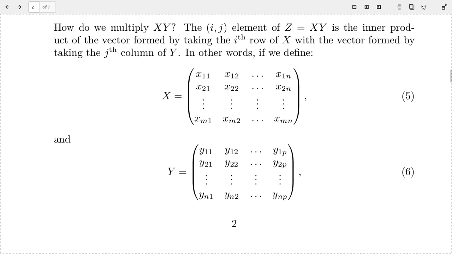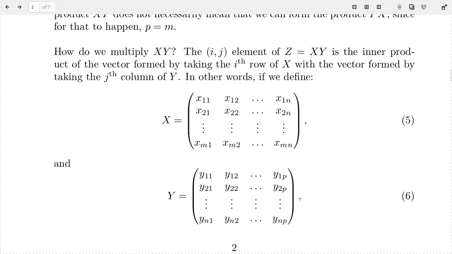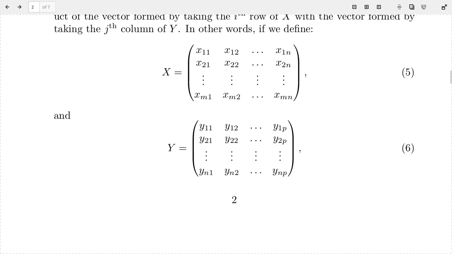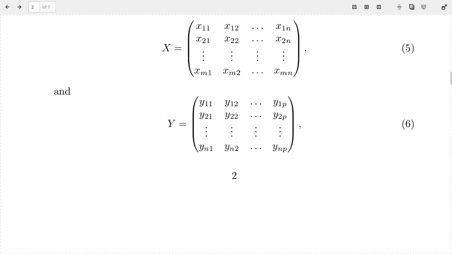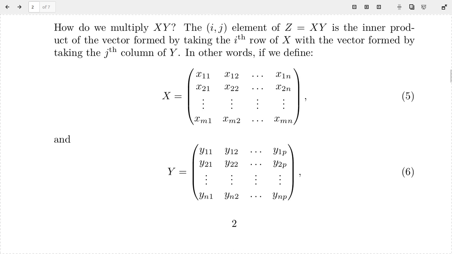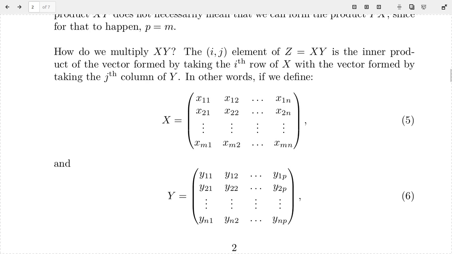Now, let X be the matrix defined in equation 5, as in let X be an m by n matrix. Notice that I've gotten rid of the color scheme. And let Y be the n by p matrix defined in equation 6. If this is the case, then we can perform the multiplication XY because X has n columns and Y has n rows.